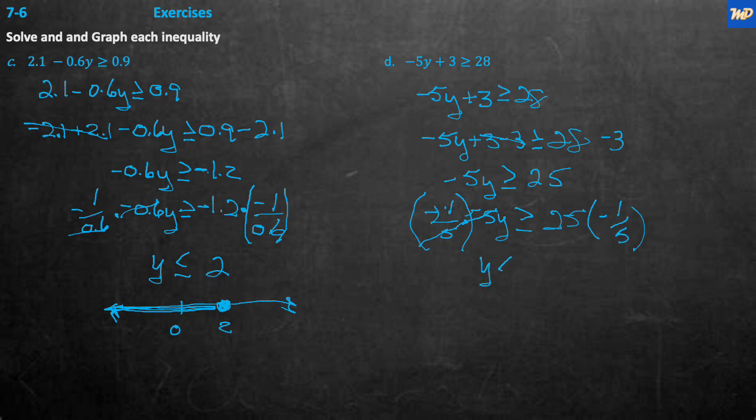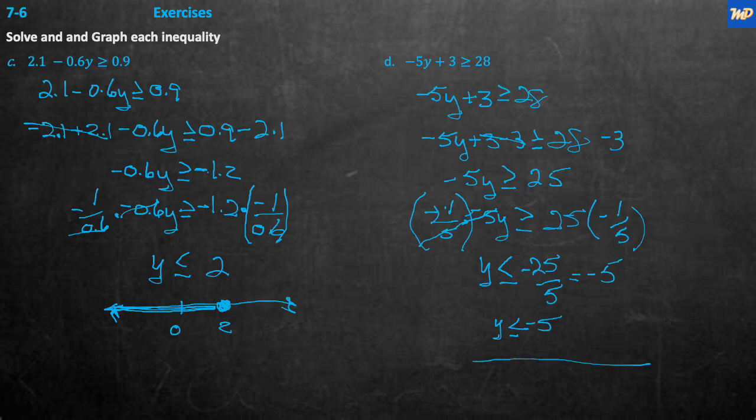Now we have to flip the inequality because we multiplied by a negative number, and it equals 25 divided by negative 5. So it's negative 25 divided by 5. And that equals negative 5. So y is less than or equal to negative 5.